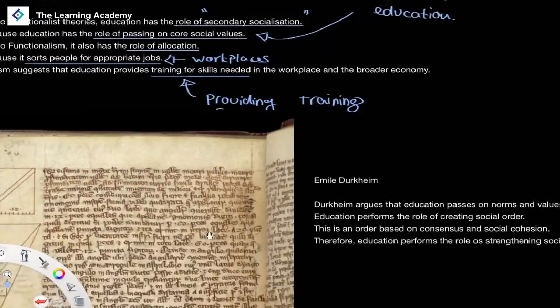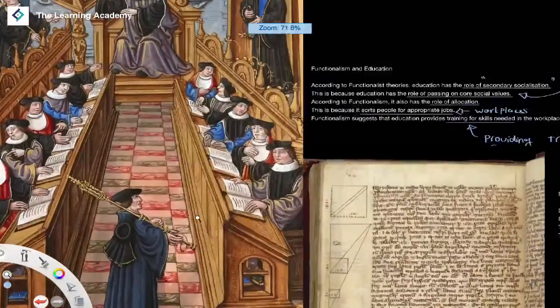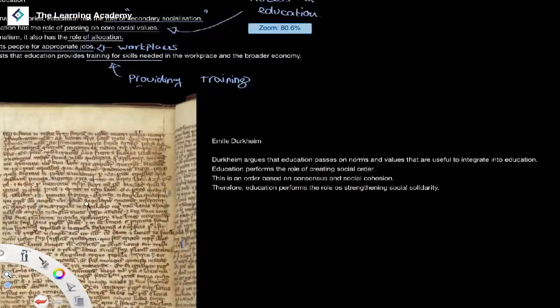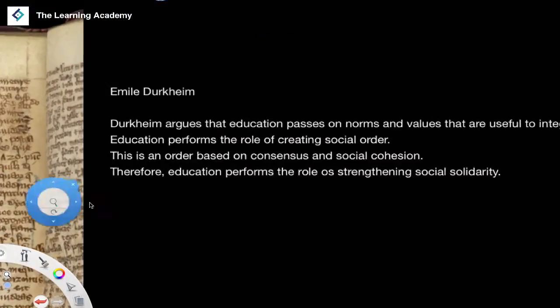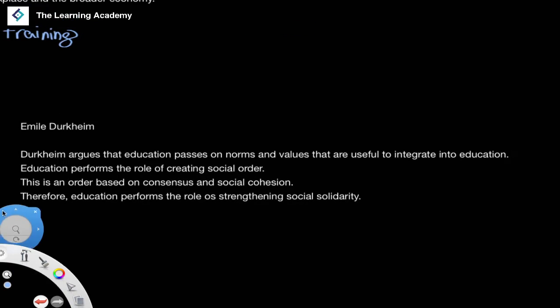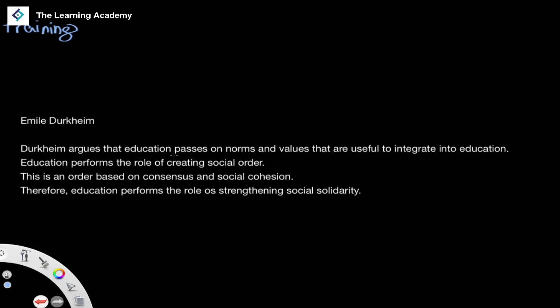And looking more deeply, we can look at some individual functionalist perspectives to see what these people think individually. So Durkheim, for example, argues that education passes on the norms and values that are useful to integrate into society.